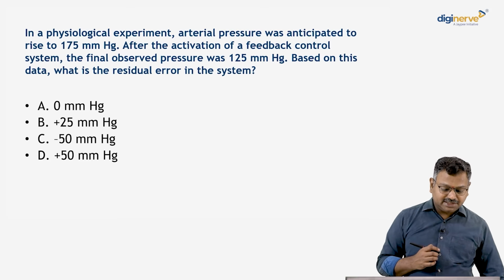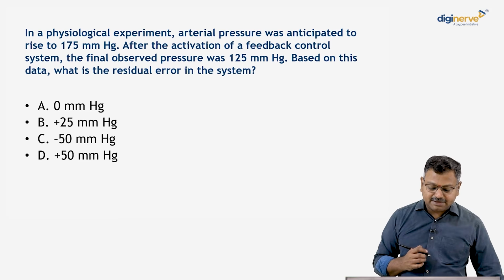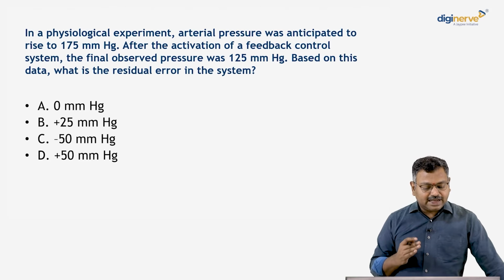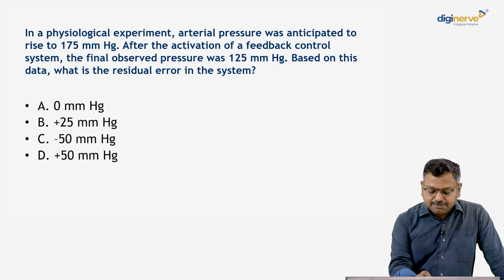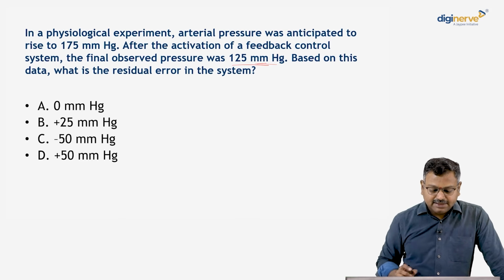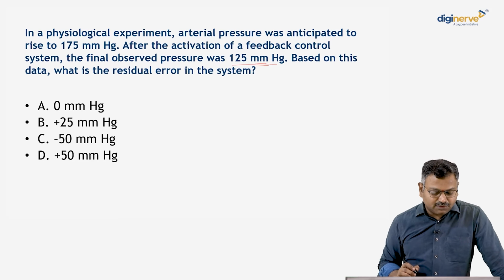Coming on to the next question: in a physiological experiment, the arterial pressure was anticipated to rise to 175 millimeters of mercury. After activation of the feedback control, the final pressure observed was a rise to 125. Based on this, what is the residual error? Is it 0, +25, -50, or +50?